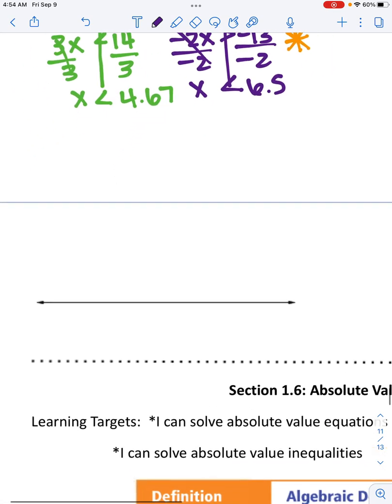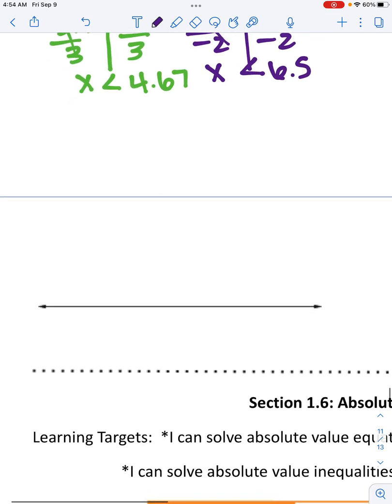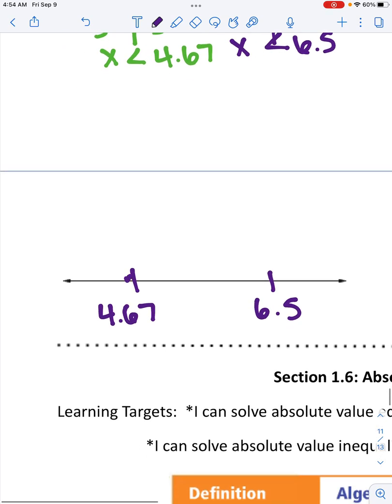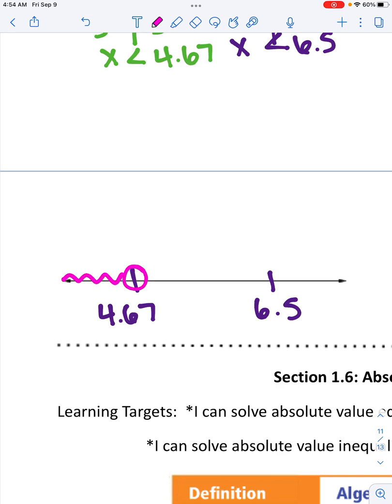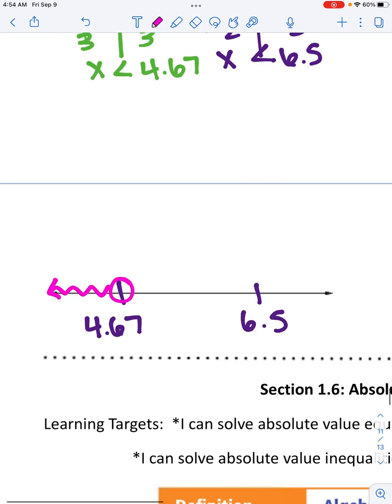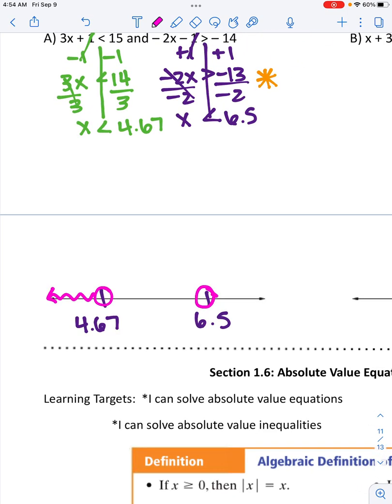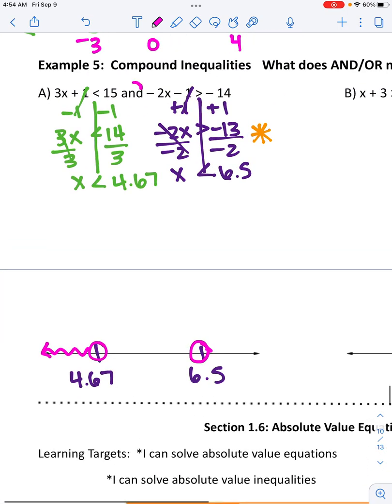So if I go to my number line, 4.67 and then 6.5. x is less than 4.67, so that's going this direction. And then x is also less than 6.5, so that's also going this direction. But if it's an "and" statement, that means I'm only looking for the overlap.